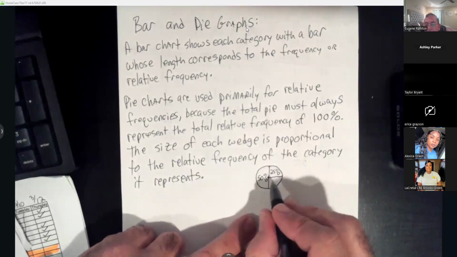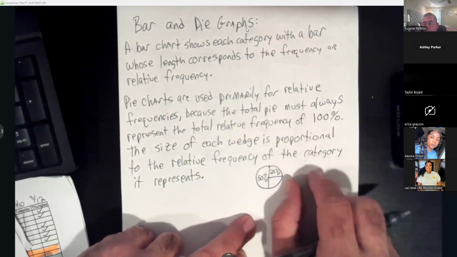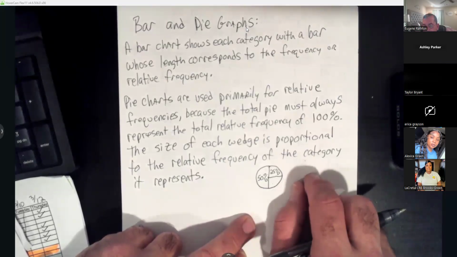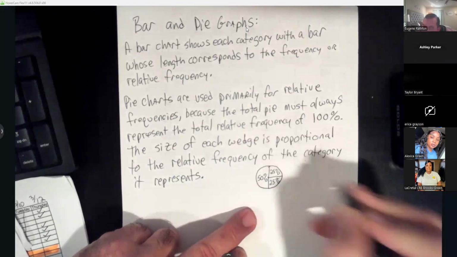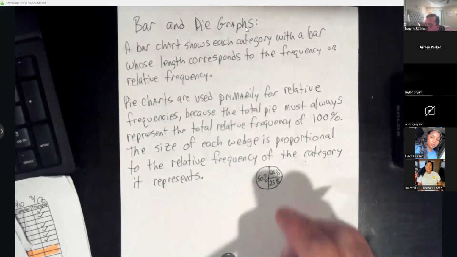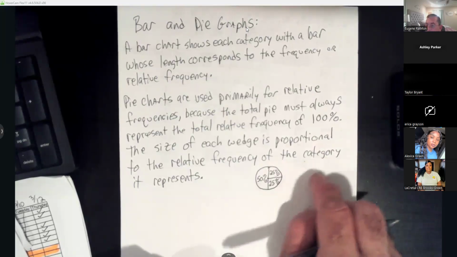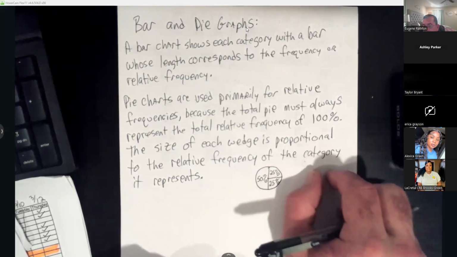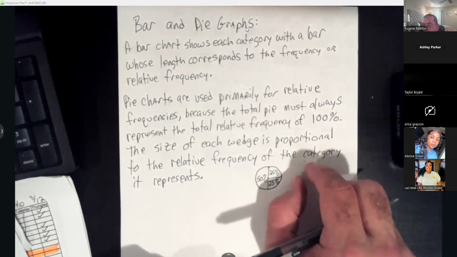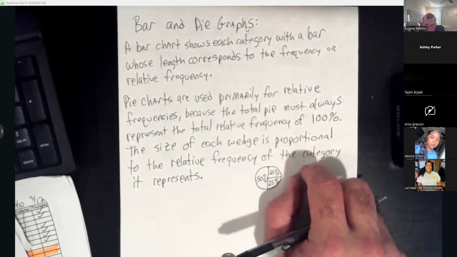So when you're done with your pie, all the pieces have to add up to 100%. So this one here would be what? 25% also. Now, some might be broken down into 30% something, 40% something, 20%, but the size of them pieces of pie have to be proportional to how large those amounts are, okay?